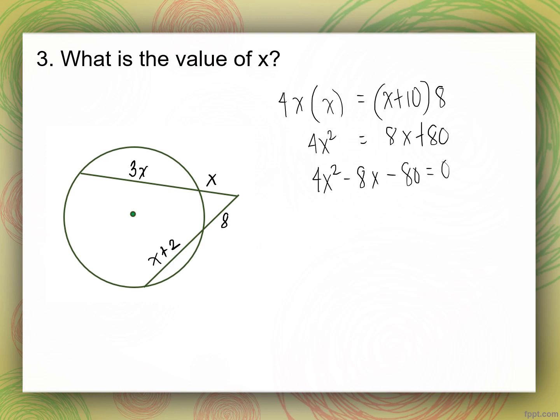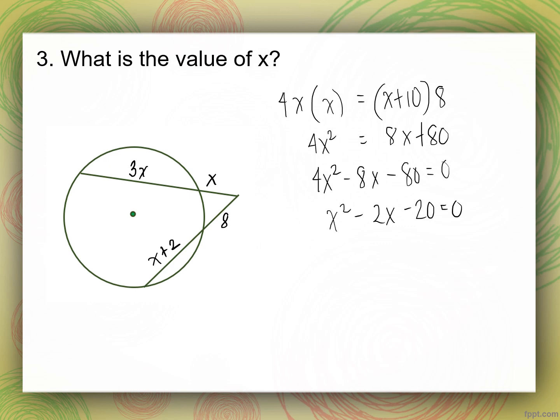All coefficients are divisible by 4. So this will become x squared minus 2x, then 80 divided by 4 is 20. So we have x squared minus 2x minus 20 is equal to 0.